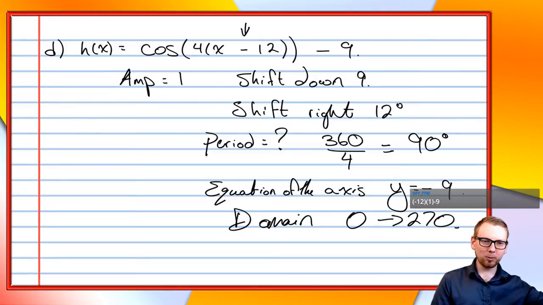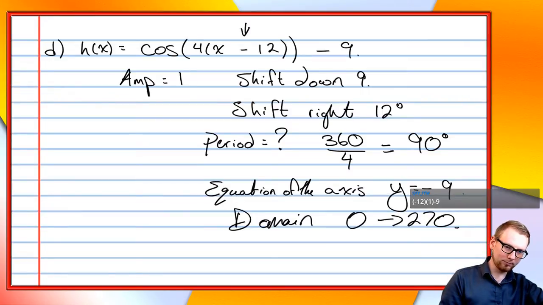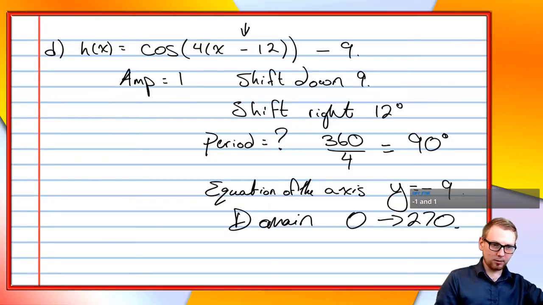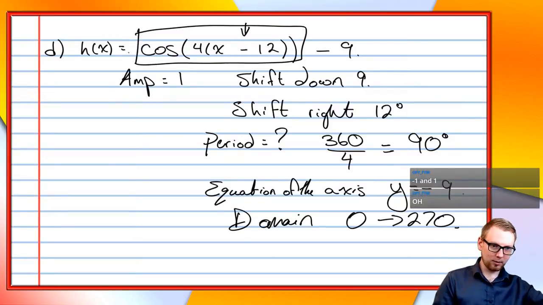This, remember, what does cosine give a value between? What is the regular range of a cosine function? Good. -1 and 1. Which means that this whole thing is just -1 and 1.